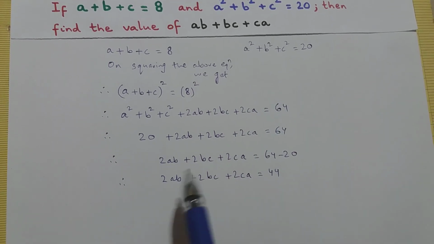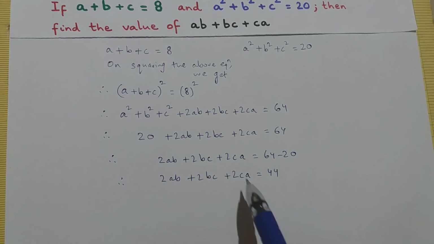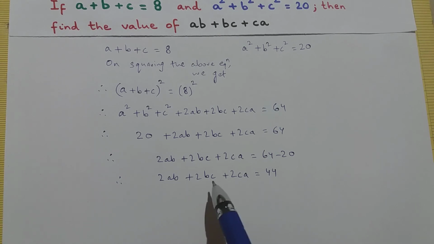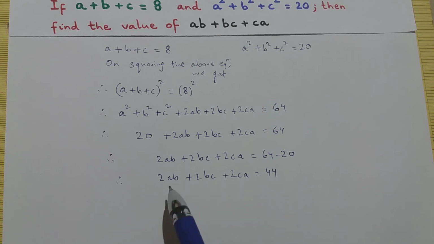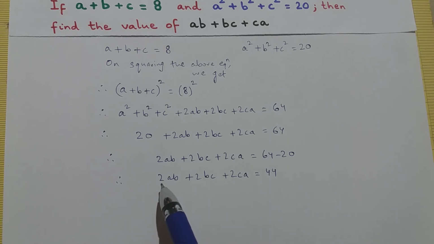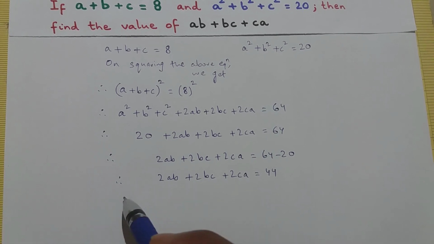Now look at the expression that we have on the left hand side of this equation. We have 2ab plus 2bc plus 2ca. I am going to factorize this expression.